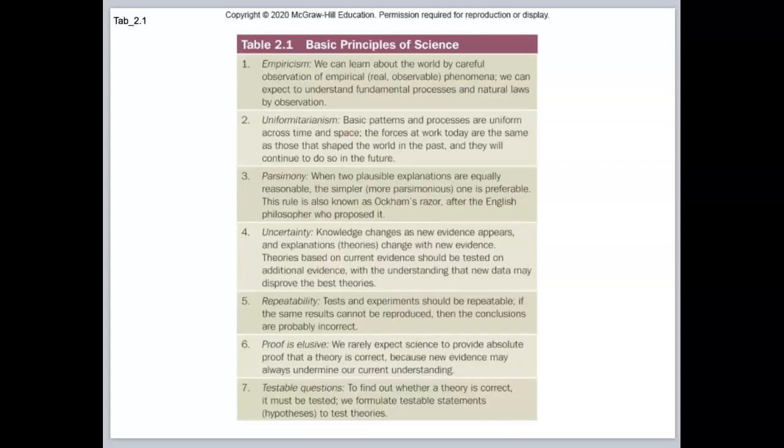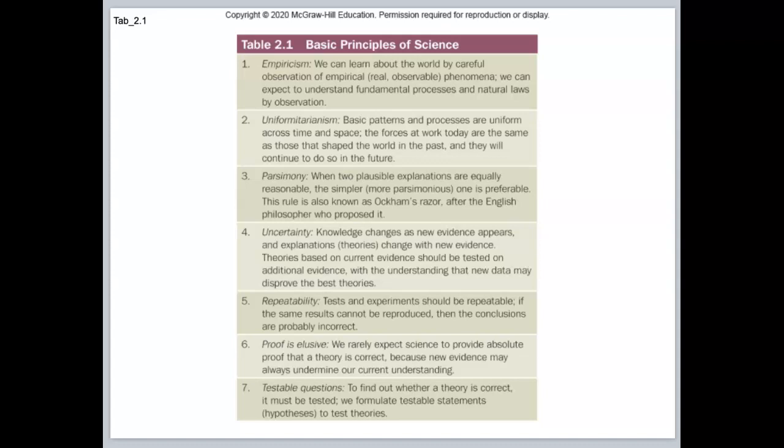We see in this diagram that there are basic principles of science. Science wants to be based on observation and testing, so as much with measurement and quantification as possible. That's called empiricism. As you see, science looks for patterns that are uniform or the same across time and space.